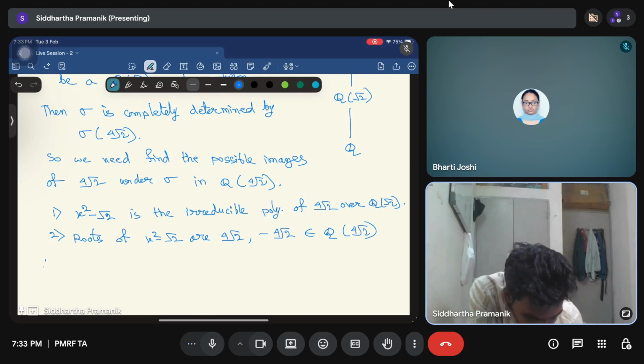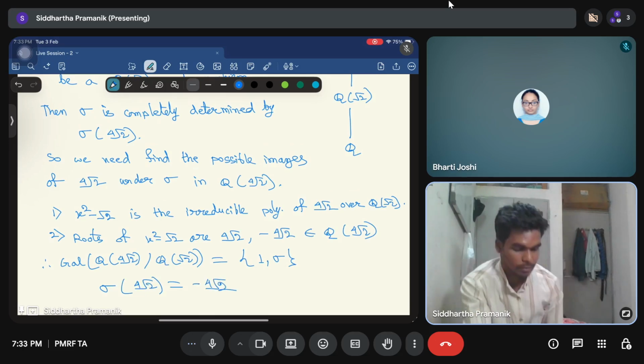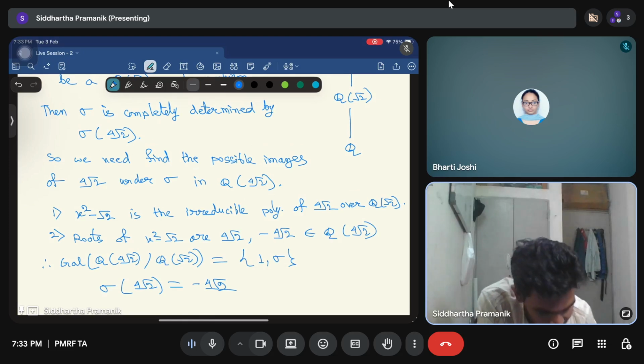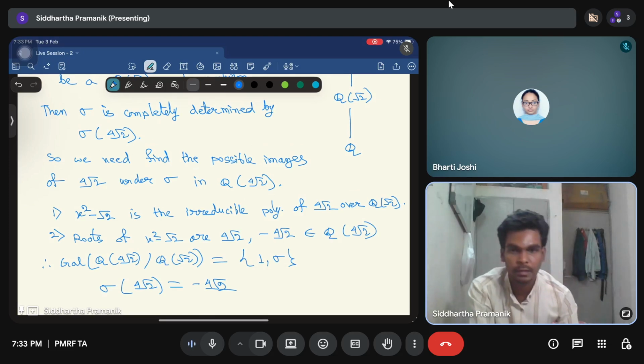So the Galois group of this is now easy to find. It is basically 1 comma sigma, where sigma maps this thing to its negative, and the other one is the identity, so it fixes the same element.